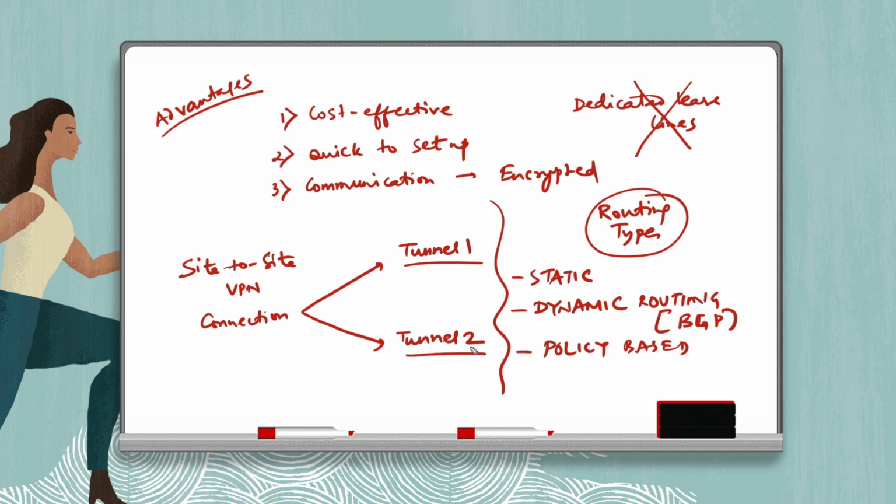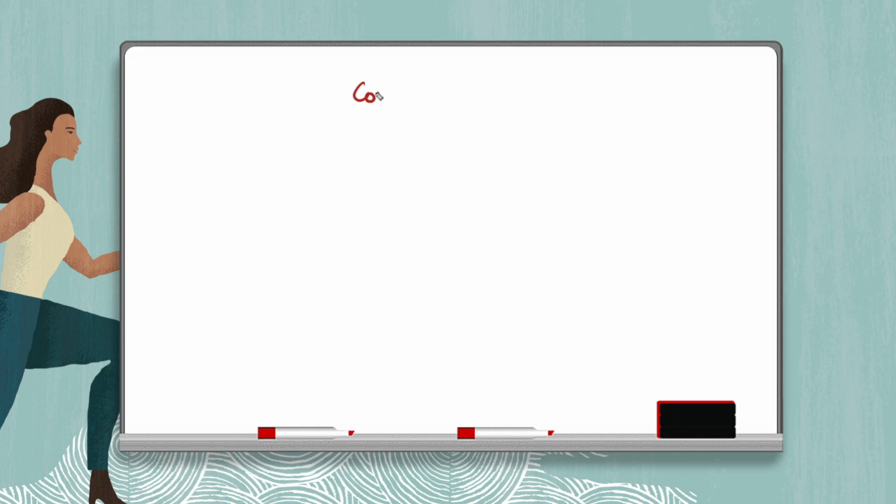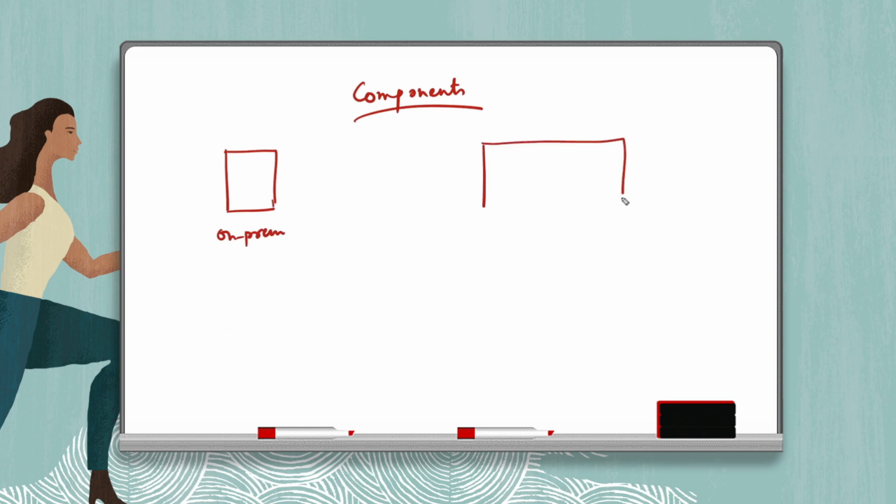Okay, now let's look at the components of site-to-site VPN. Let me draw a very quick diagram. This is your on-premises environment. This represents your OCI region. Inside a region, I have a virtual cloud network. I have created a dynamic routing gateway, and the dynamic routing gateway is attached to a VCN.